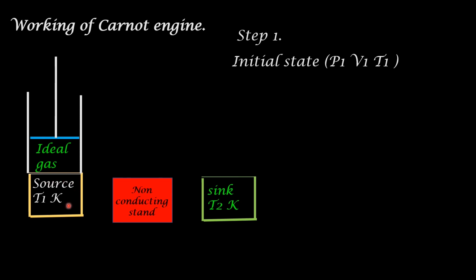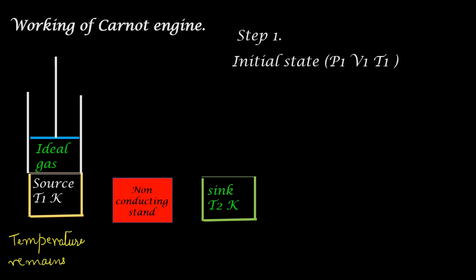The upper surface of the source of heat also is conducting. The working substance absorbs heat from the source, and the temperature of the working substance and the source become the same. Since the source is at very high temperature, a small amount of heat absorbed by the working substance does not change its temperature.